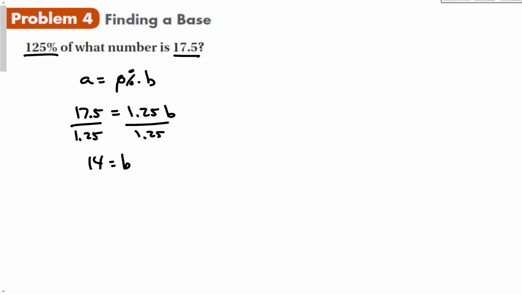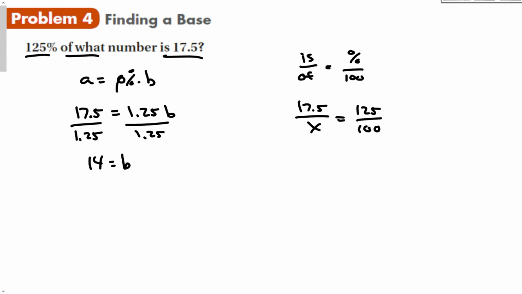Let's set this up with the percent proportion. So remember that the percent proportion is is over of equals the percent over 100. There's my is, of what, equals the percent over 100.